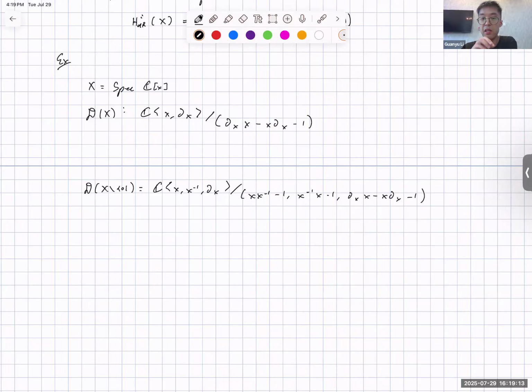And another thing: is this true for singular varieties? I don't think this is quite true for non-smooth things.